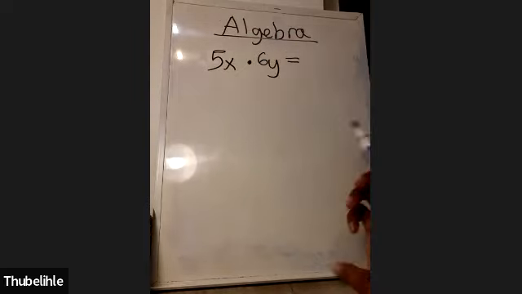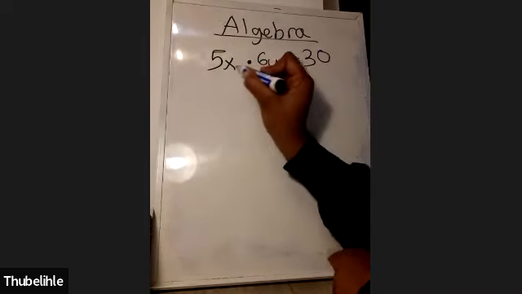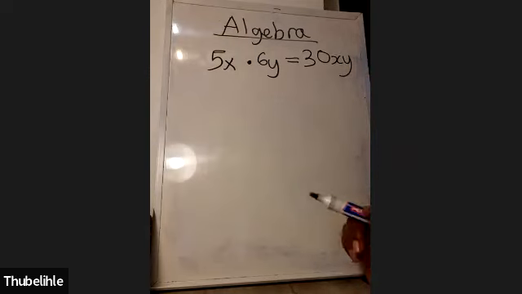Okay. We multiply 5 times 6, we get 30. We multiply x and y, we get xy. Remember when I was telling you that if you have xy, it's just the same as saying x times y. Okay, so different things can only multiply. You cannot add or subtract them.